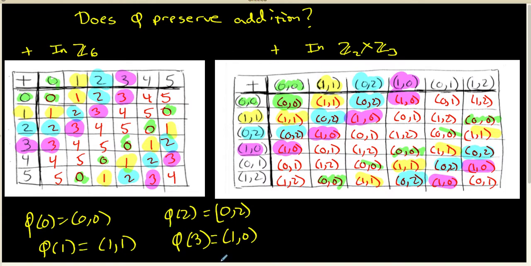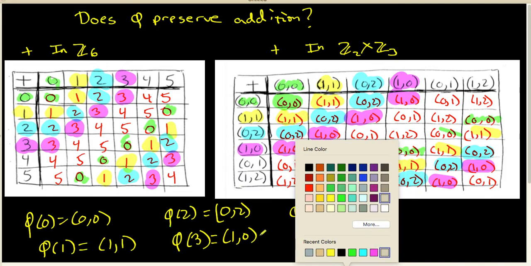Well, let's see, continuing on, we have phi of 4 is equal to 0, 1, and so I want to color the 4's in the Z6 table and the 0, 1's in the Z2 cross Z3 table the same color. And we will choose a light gray to do these.